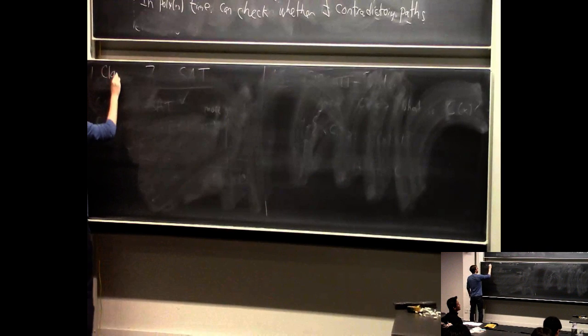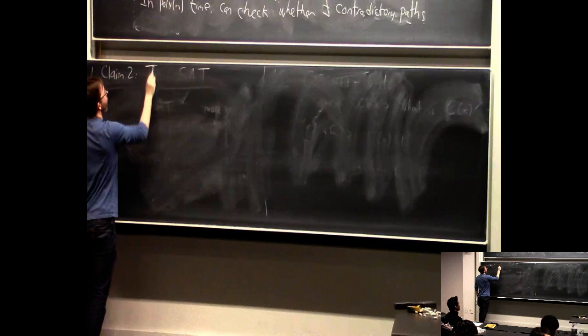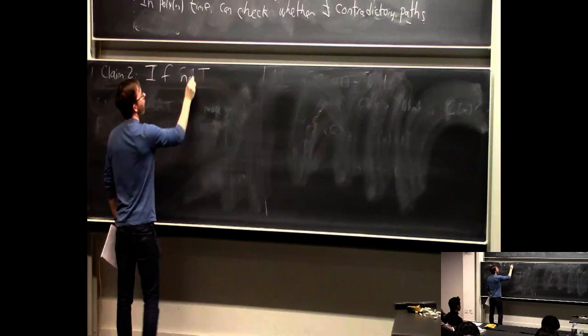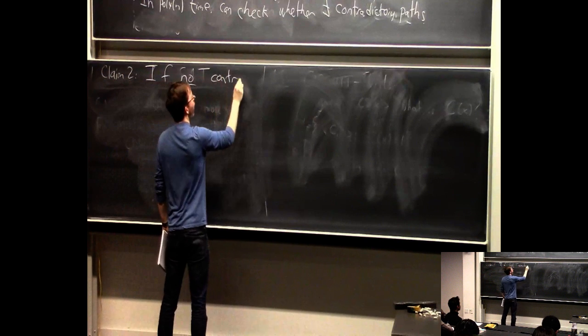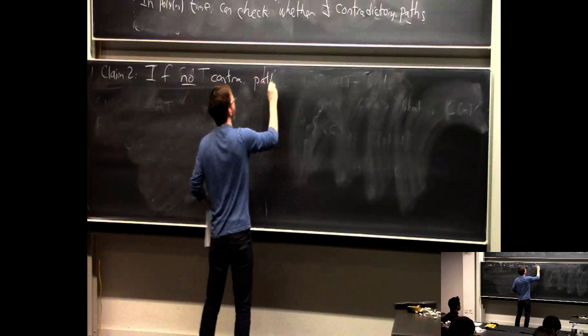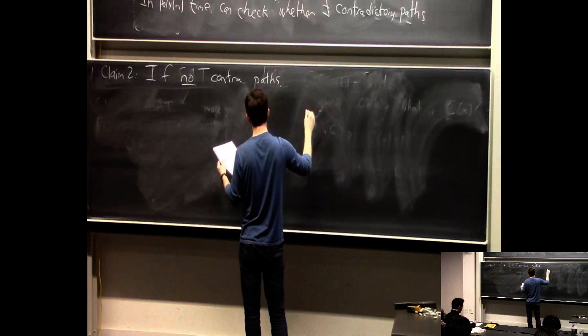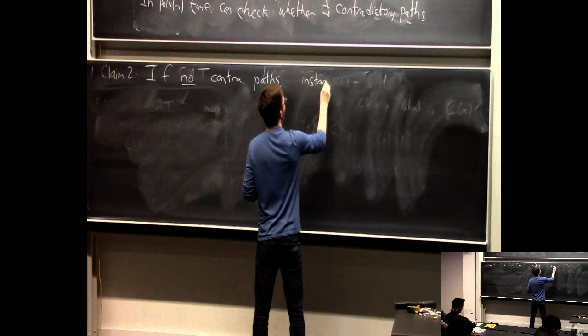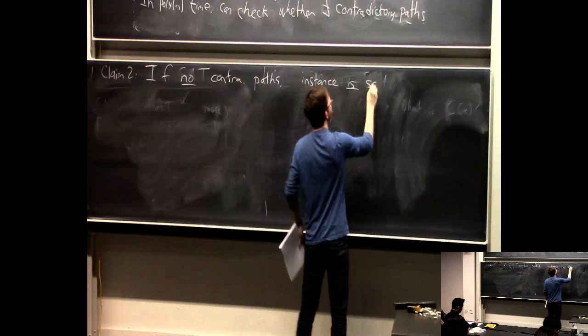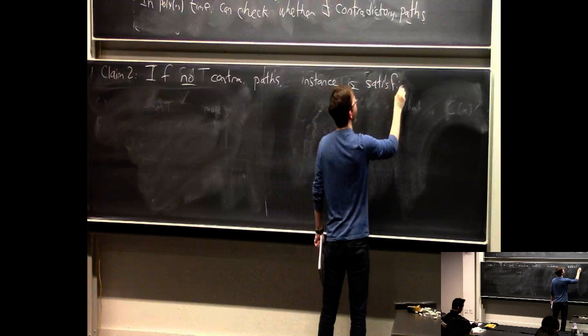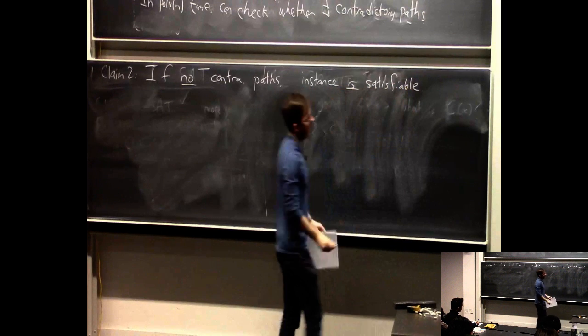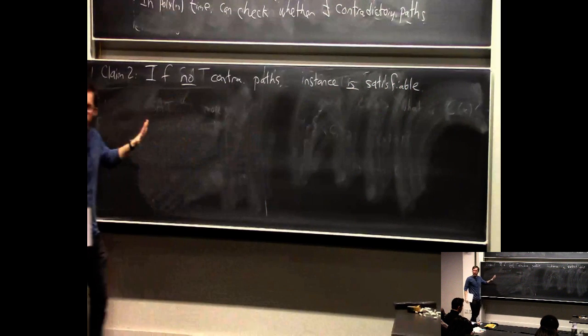Okay, so this is claim 2: if there are no contradictory paths, the instance is satisfiable. Once I prove this claim to you, it finishes the proof that 2SAT is in polynomial time.